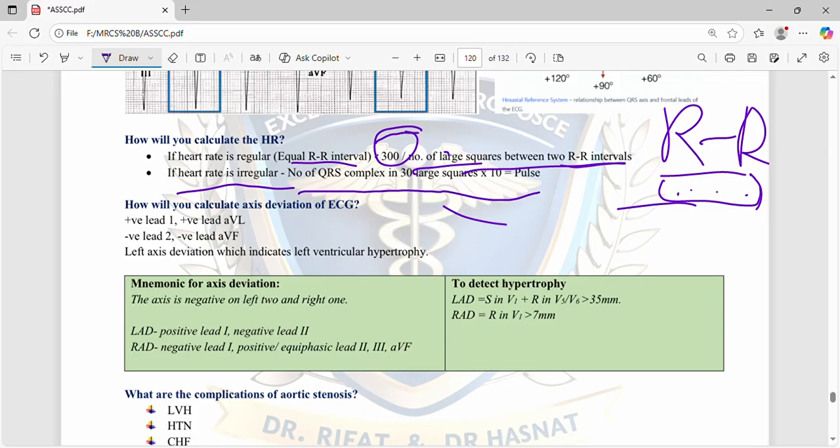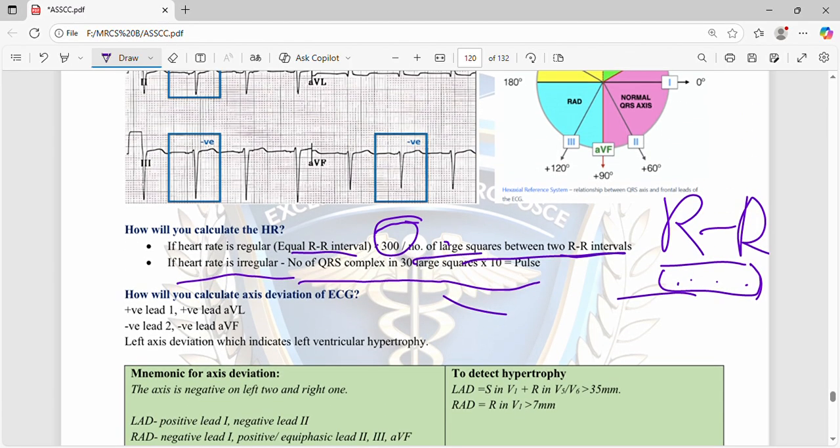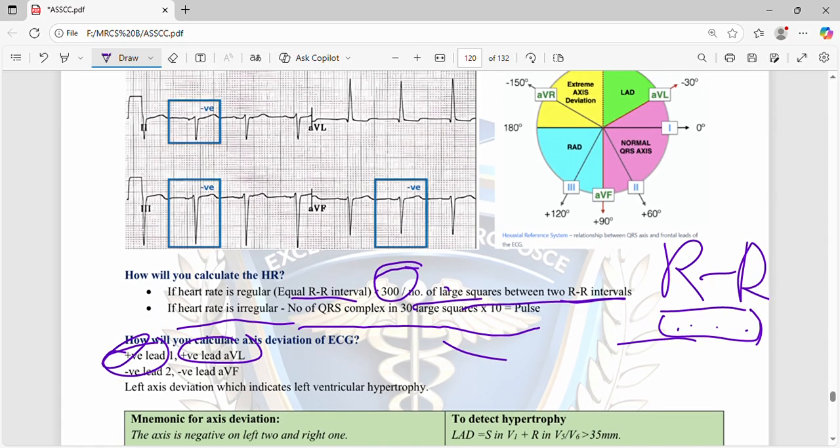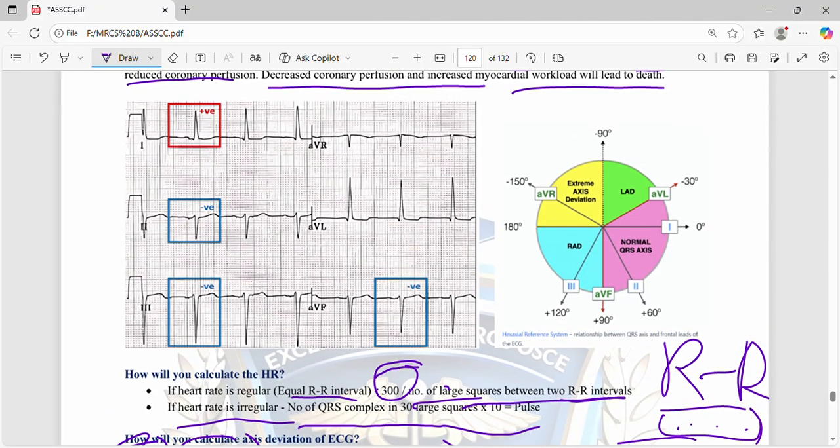How will you determine axis deviation on ECG? We already discussed this in another station as well. For axis deviation always look at lead 1 and lead 2. If there is positive deflection in lead 1 and positive in lead 2, there is no axis deviation.